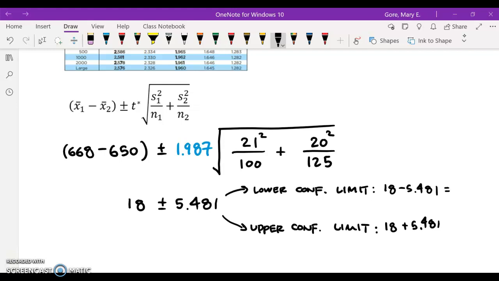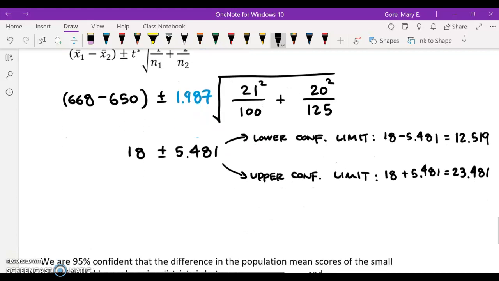If I subtract those two values, I get 12.519, and if I add them, I get 23.481. Now let me write that as a formal confidence interval. Remember, it's parentheses, so it's 12.519, I'm sure these are points you earn on the test, and then 23.481. So that is our confidence interval.